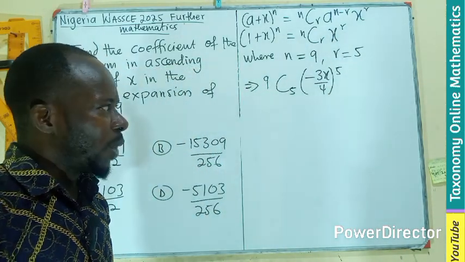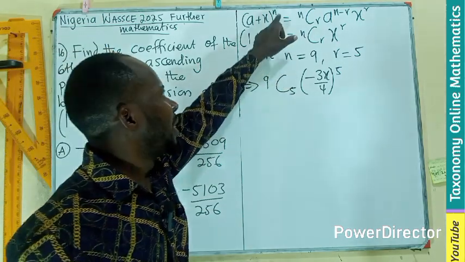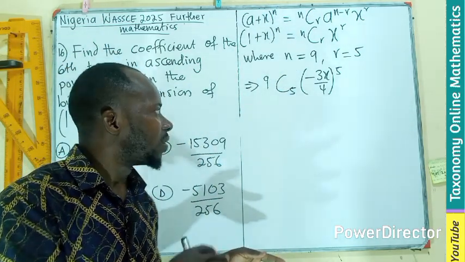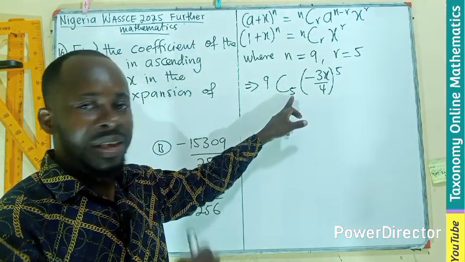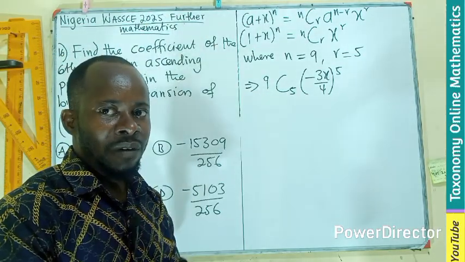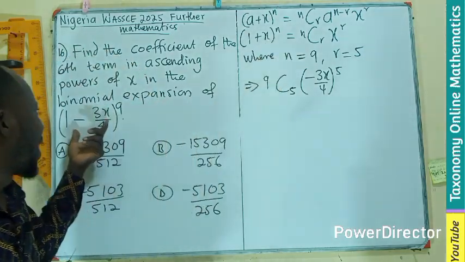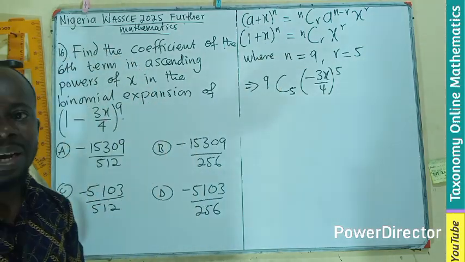I guess that is clear. We are only doing substitution. n is the power we have in the binomial term given to us. Then the 5 is the r, the position of the fifth term. Then your x here is the second term from here, but it must carry the negative sign.